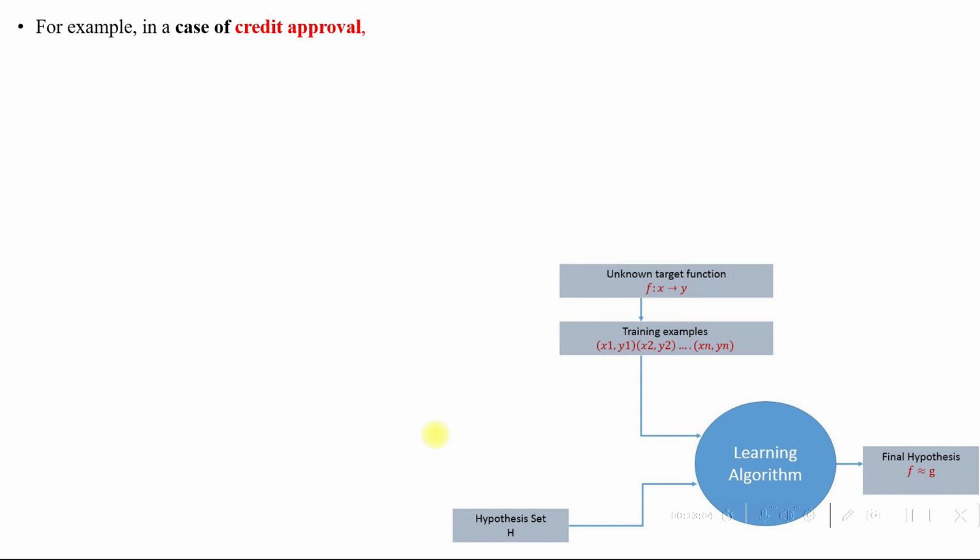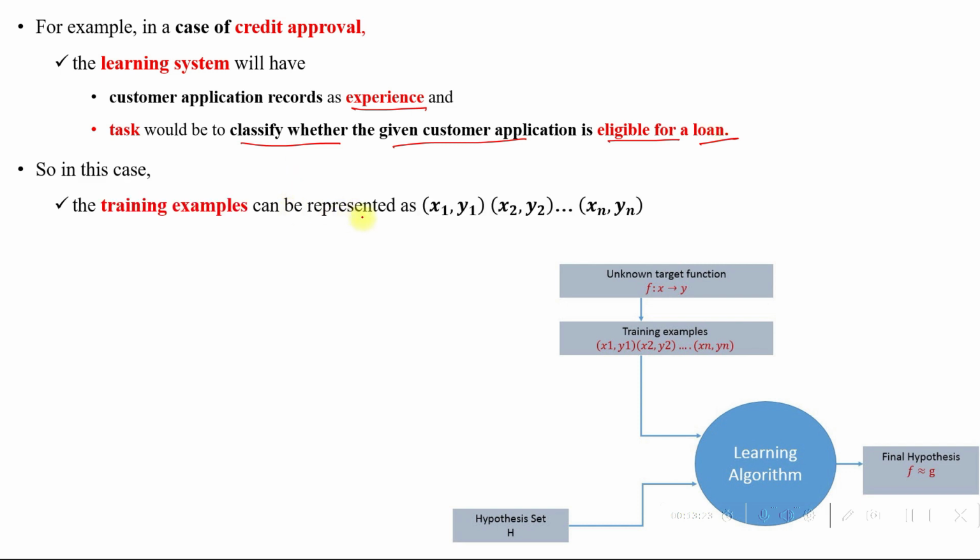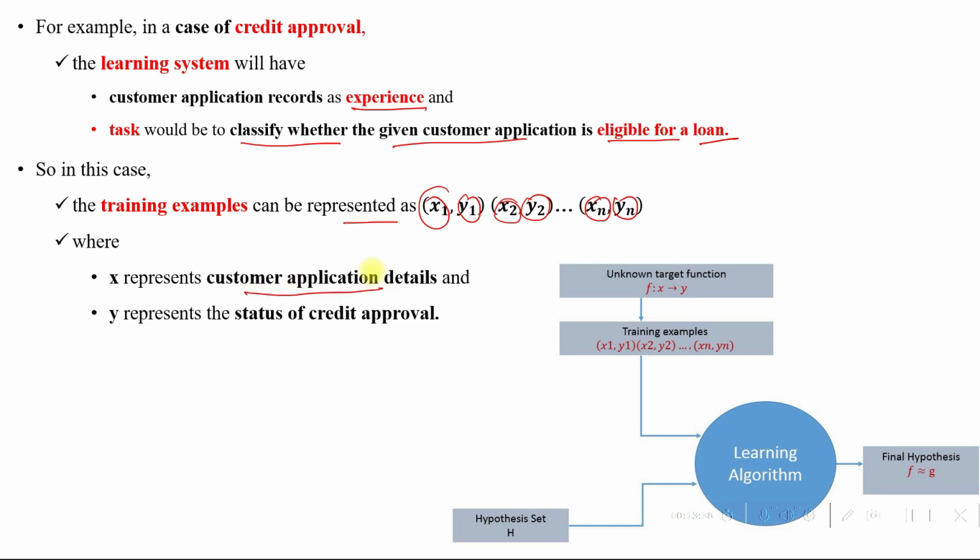For example, in the case of credit card approval, the learning system will have customer application records as experience, and the task would be to classify whether the given customer application is eligible for a loan or not. The training examples can be represented as X1 and Y1, X2 and Y2, and so on up to Xn and Yn, where X represents the customer application details and Y represents the corresponding credit approval status.